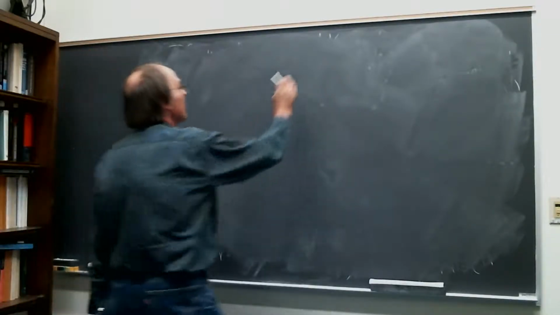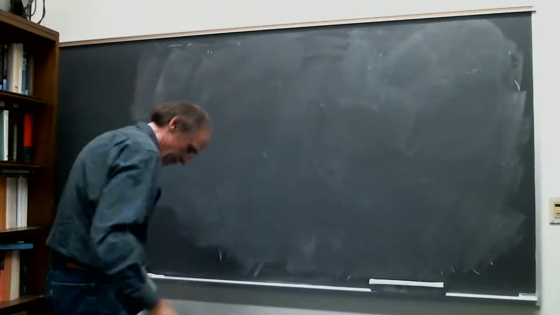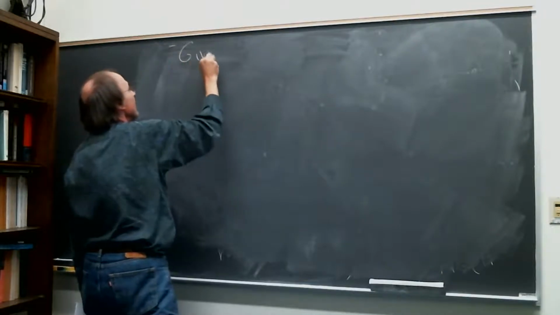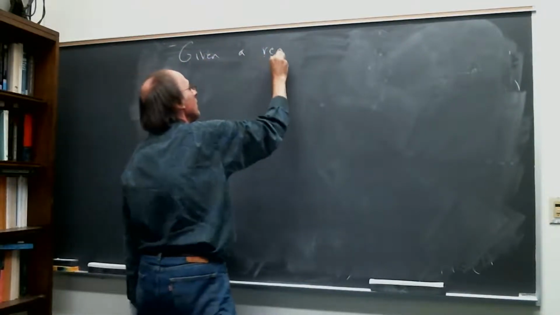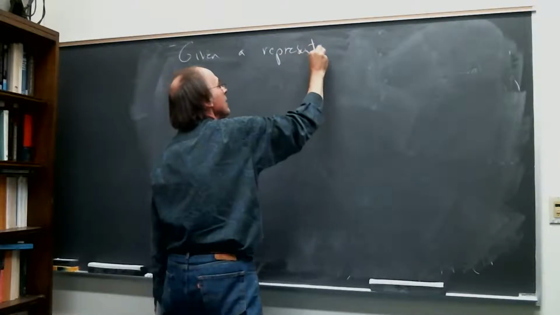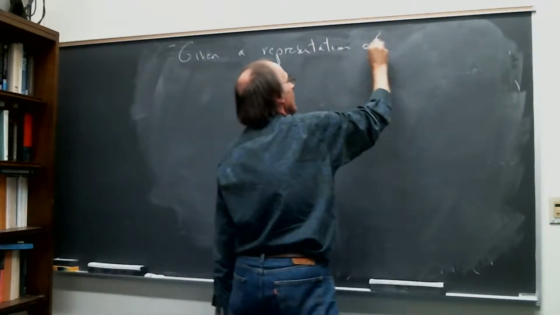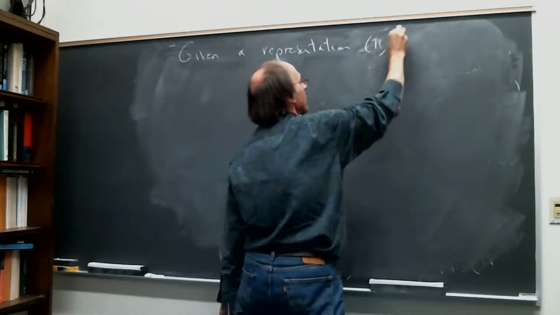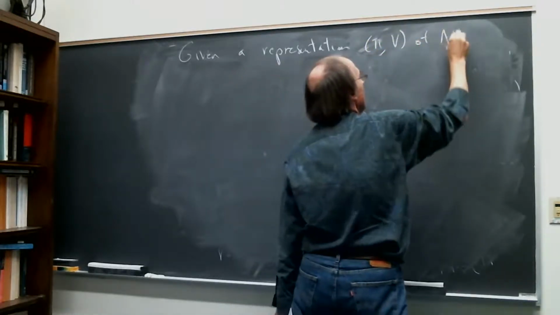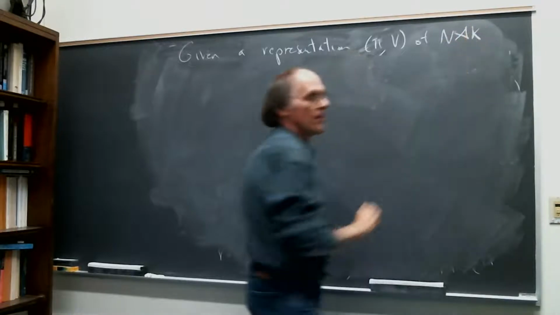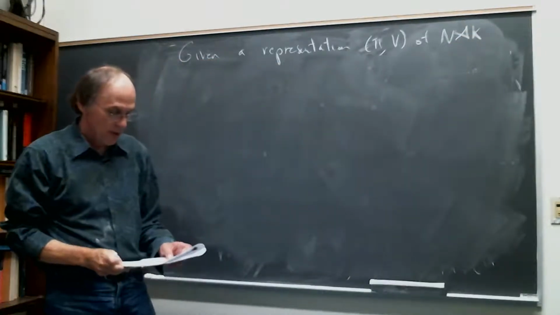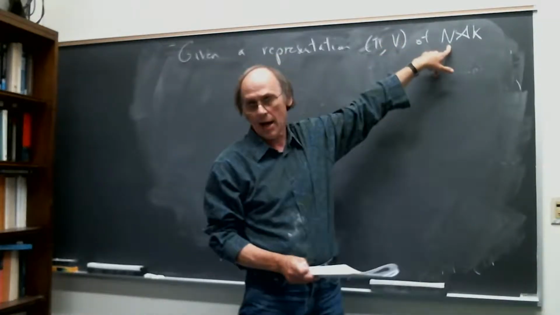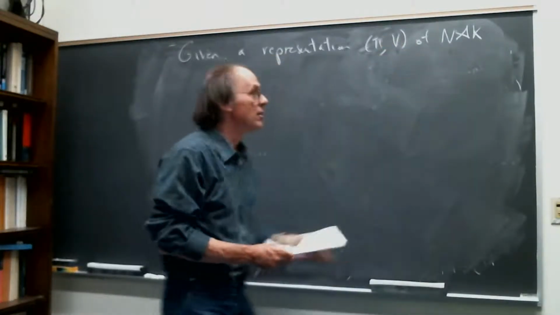Okay, so given a representation of n, let's call it pi v of n k. So what we can do is we can first decompose this representation according to how n acts.